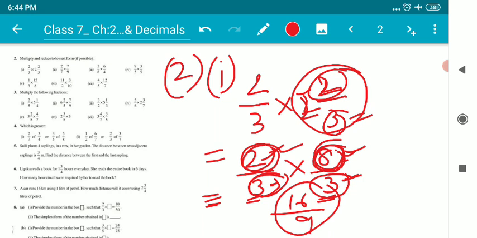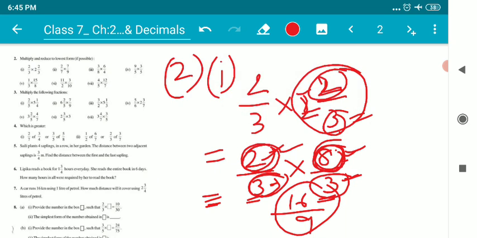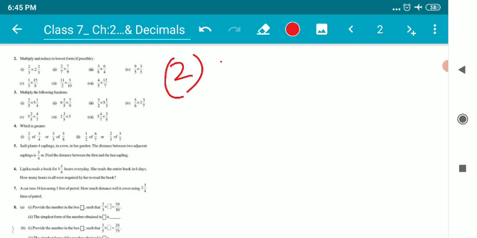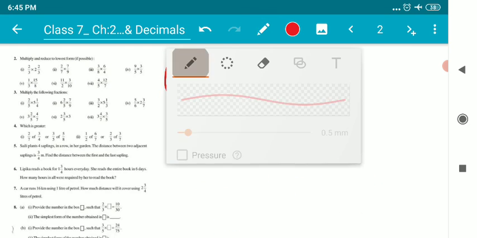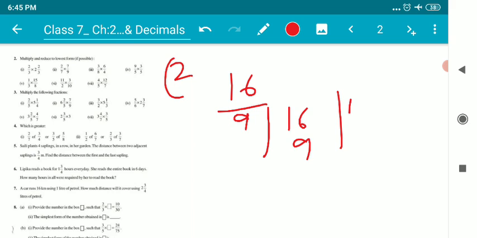Here we can write our answer as 16 by 9, no problem in that. But we teachers always want to write the answer in mixed fractional form. So here 16 by 9 can be brought into mixed fractional form. 9 ones are 9. 16 minus 9, 7.